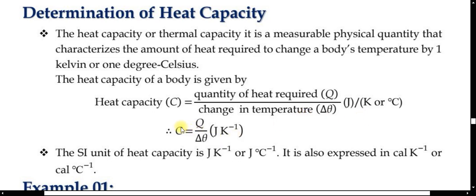That's why, as we have C equal to Q over change in theta, the SI unit of heat capacity is joule per Kelvin, or joule per degree Celsius.